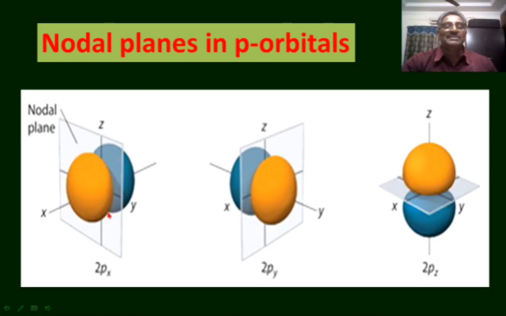That is, we can assume a plane which passes through the y-axis and z-axis and passes through the nucleus. The probability of finding an electron on it is 0. This plane is said to be the nodal plane. A p orbital has one nodal plane.